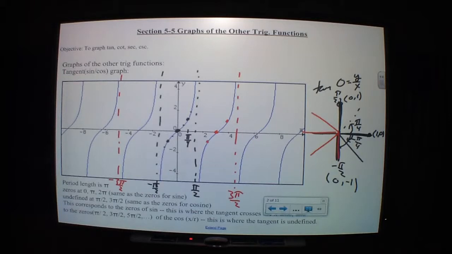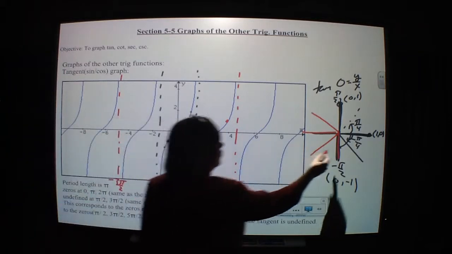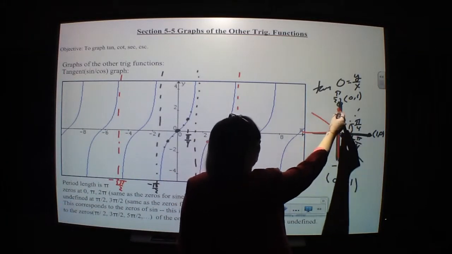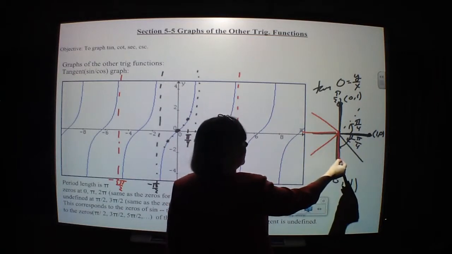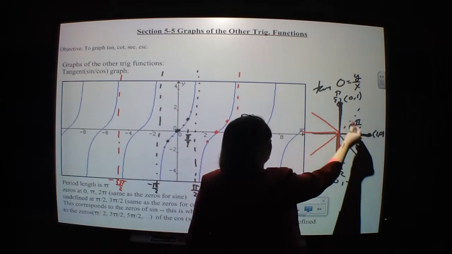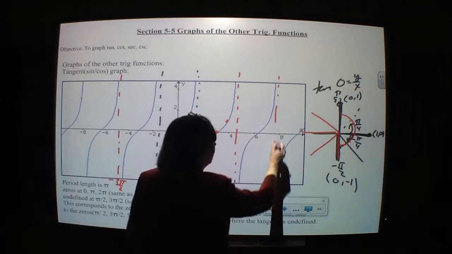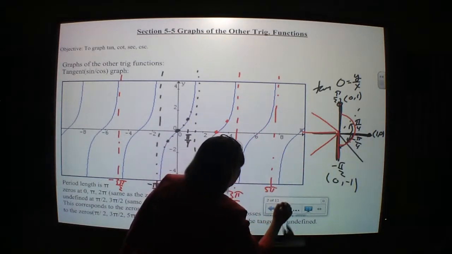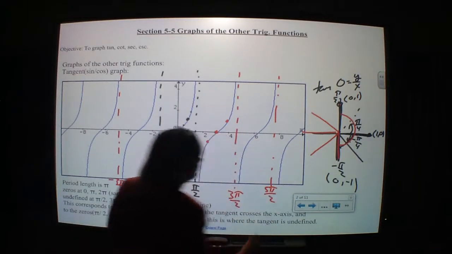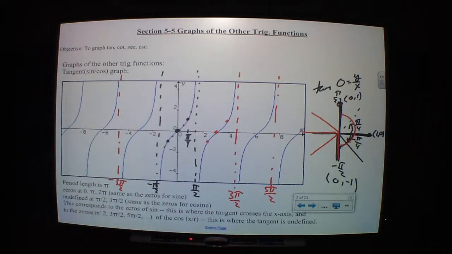And you could keep going around the circle if you wanted. This is 1 pi over 2, 2 pi over 2, 3 pi over 2, 4 pi over 2, and 5 pi over 2. 5 pi over 2 again would be undefined. Okay?